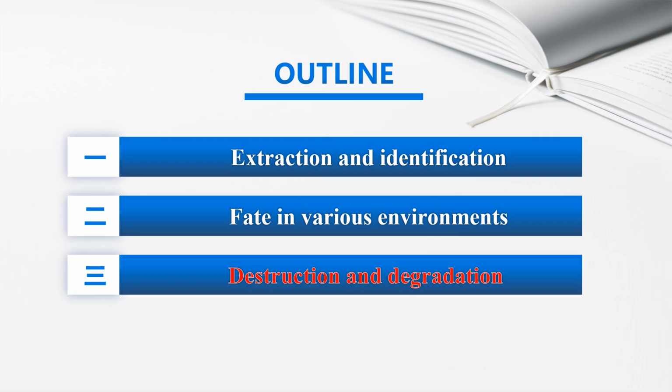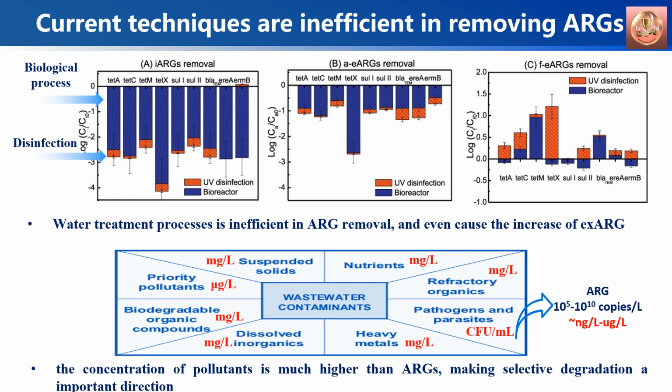And finally, we try to develop novel methods to destroy and minimize the risk of ERGs. First, we should know that there are a lot of wastewater treatment processes, but basically they are not efficient, including the biological process and disinfection.